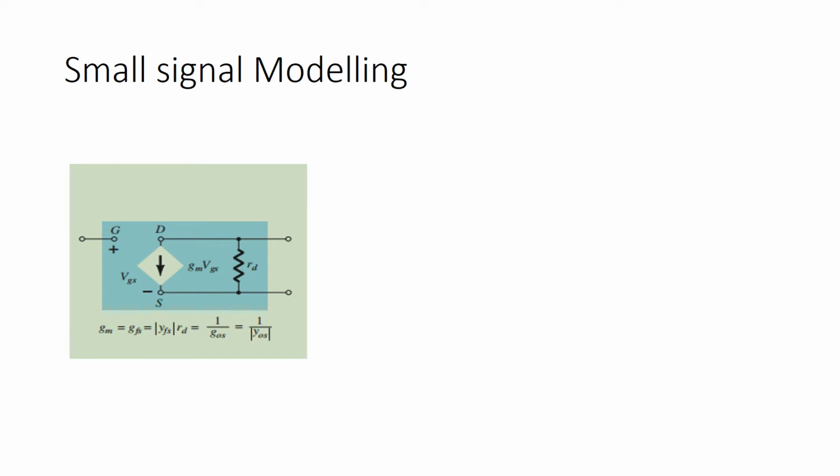We will again revise how to draw the circuit. gm is the transconductance, the ratio of the output current to the input voltage. The current is the drain current, and VGS is the voltage between the gate and source.